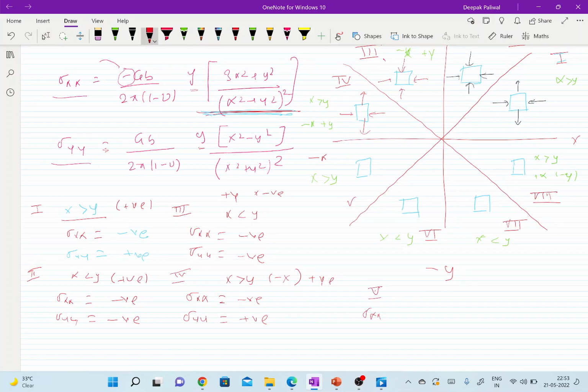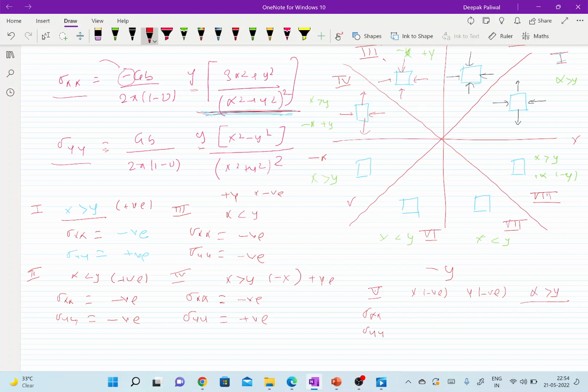Again, sigma xx, sigma yy we are evaluating, and we are talking about x is negative, y is also negative, but here x is greater than y.